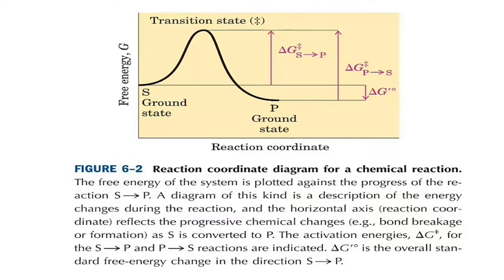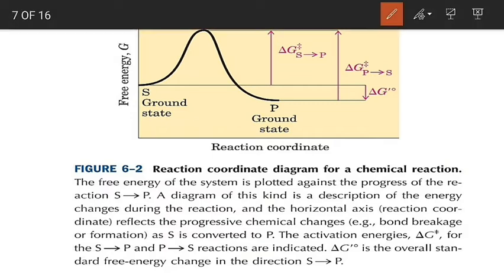At the top of the energy hill is a point at which decay to the reactant or product, that is, the S or P state, is equally probable. That is, the reaction can either produce a reactant or a product in this transition state, that is, this part of the reaction.